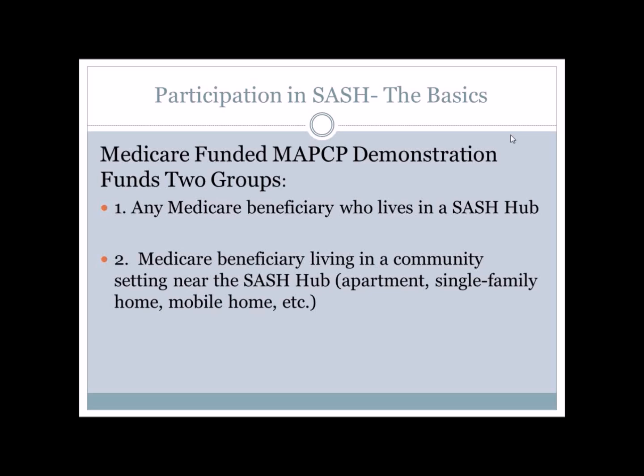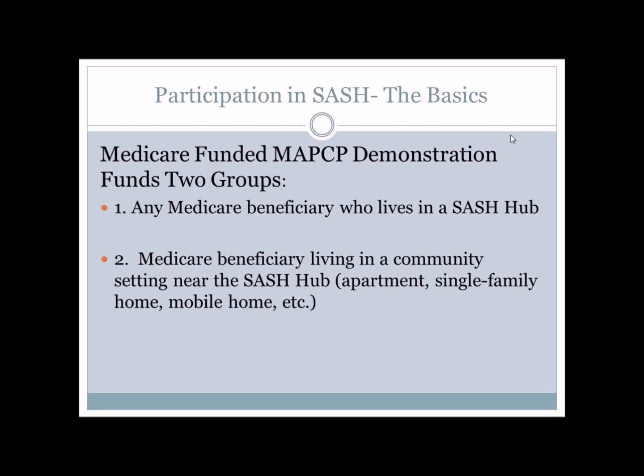We have a couple that are purely community-based, and so some of you are going to be working out of a non-housing office space, which is different and new for us. It's a new area we're going into as we get to those more rural parts of the state that don't have a lot of congregate hub sites.